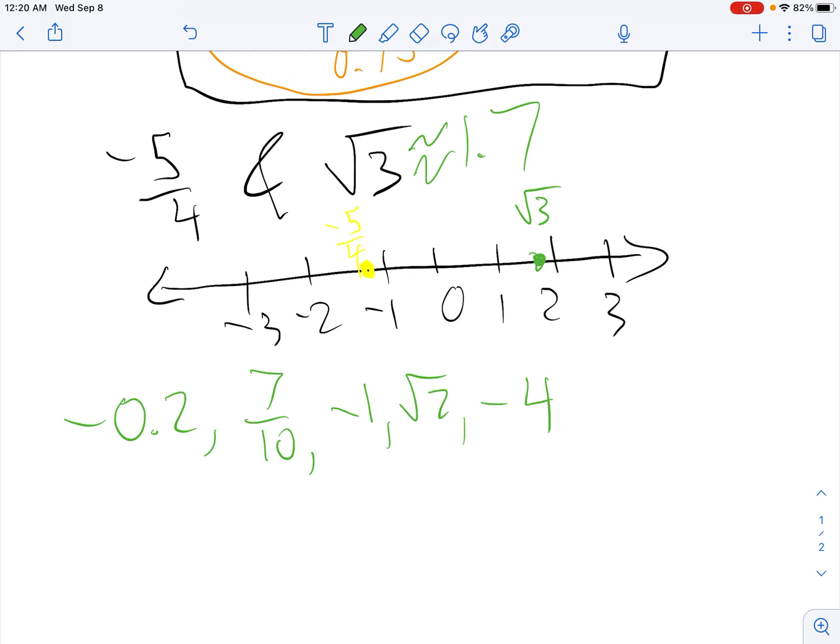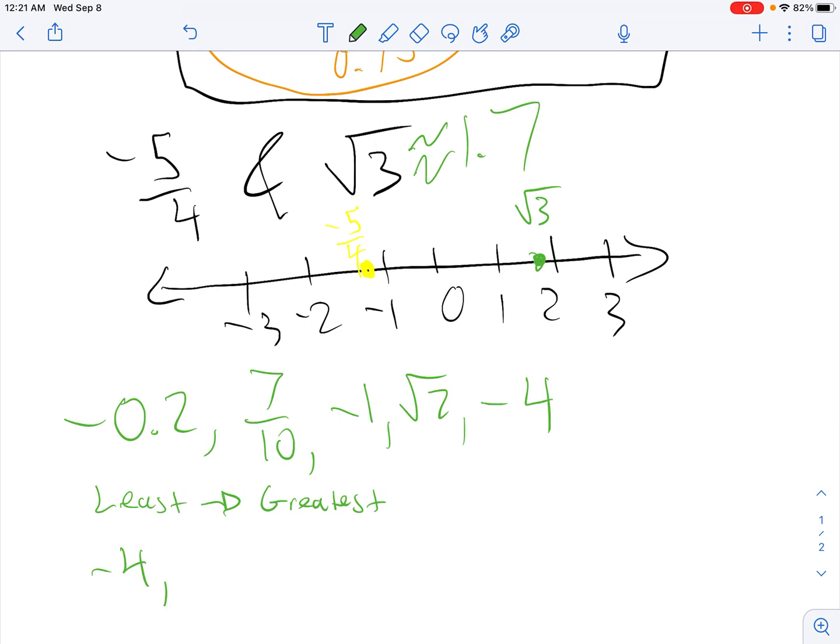Well, I know if I want to graph these or list them from least to greatest, I know that -4 is going to be my smallest value. So I'm going to put -4 here.